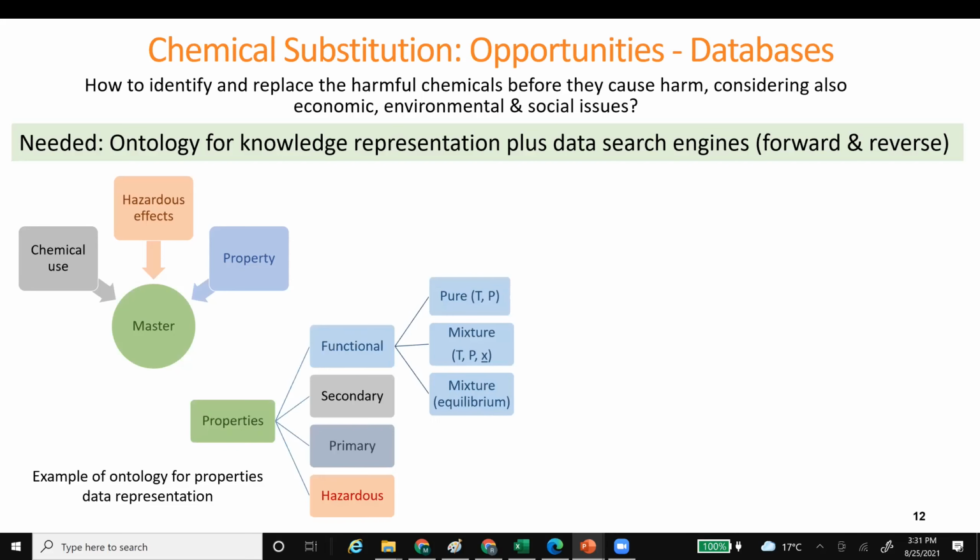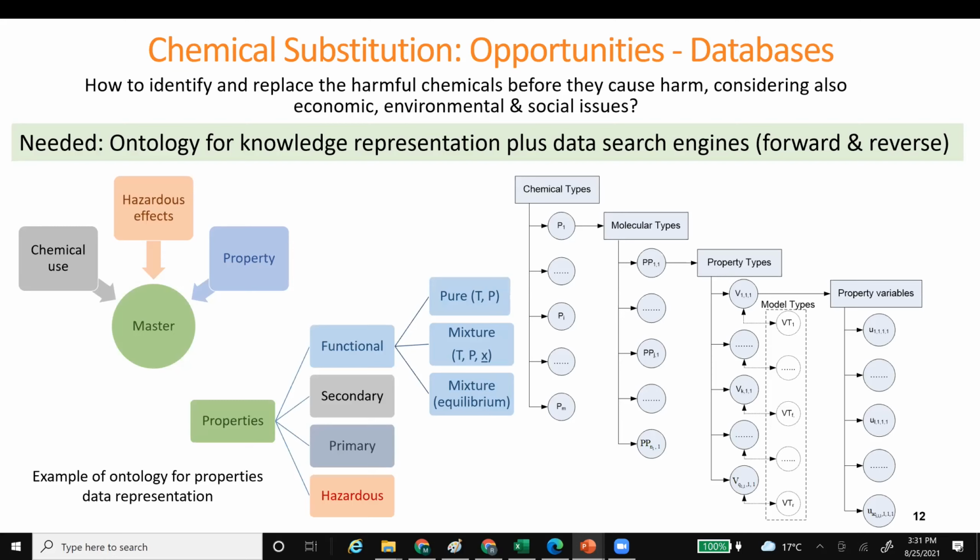To give you an example of the kind of ontology we are talking about, the property is broken up into 4 main parts. Functional, which again has 3 different parts, then secondary, primary, hazardous. And together with the properties, we also have the chemical type.